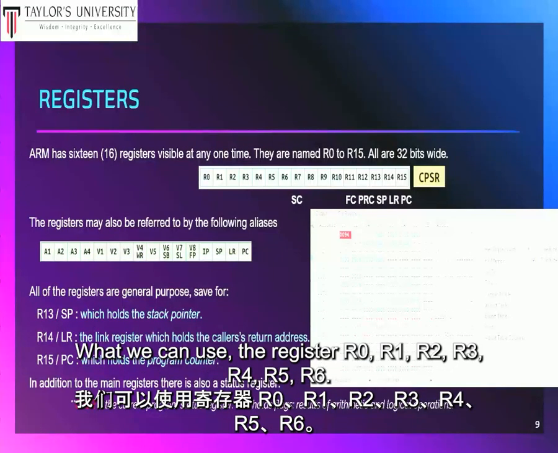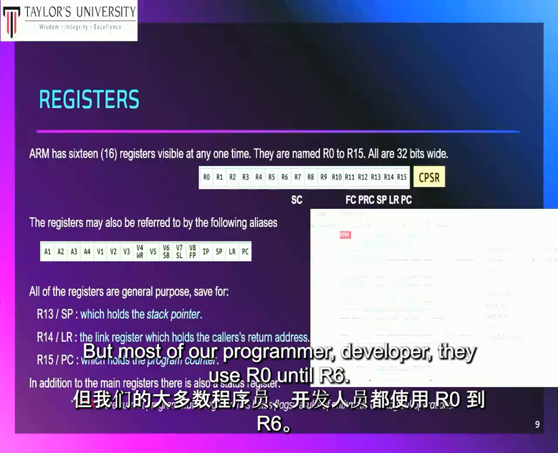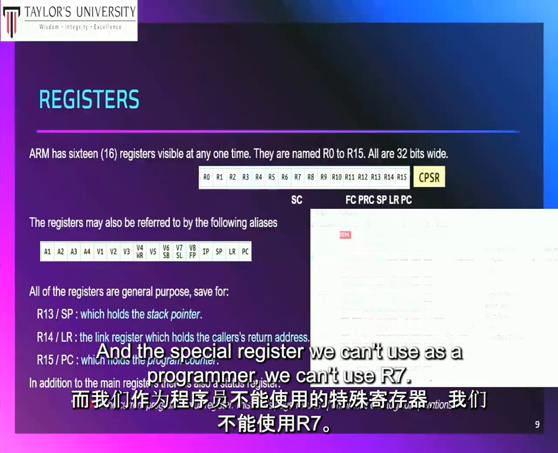What we can use are the registers R0, R1, R2, R3, R4, R5, R6. And somehow you also can use R8, R9, and R10. But most programmers and developers use R0 until R6. And the special register, as a programmer, we can't use R7.